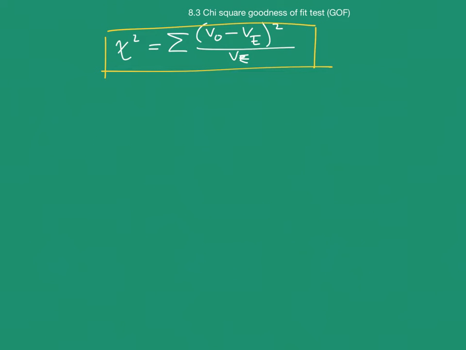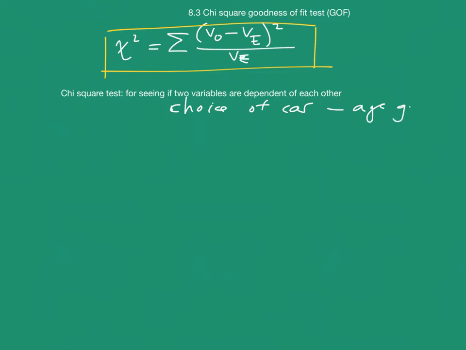So a relevant question is, how and why are they different tests? For example, the chi-square test, we use that for seeing if two variables are dependent on each other. For example, is choice of car dependent on age group?